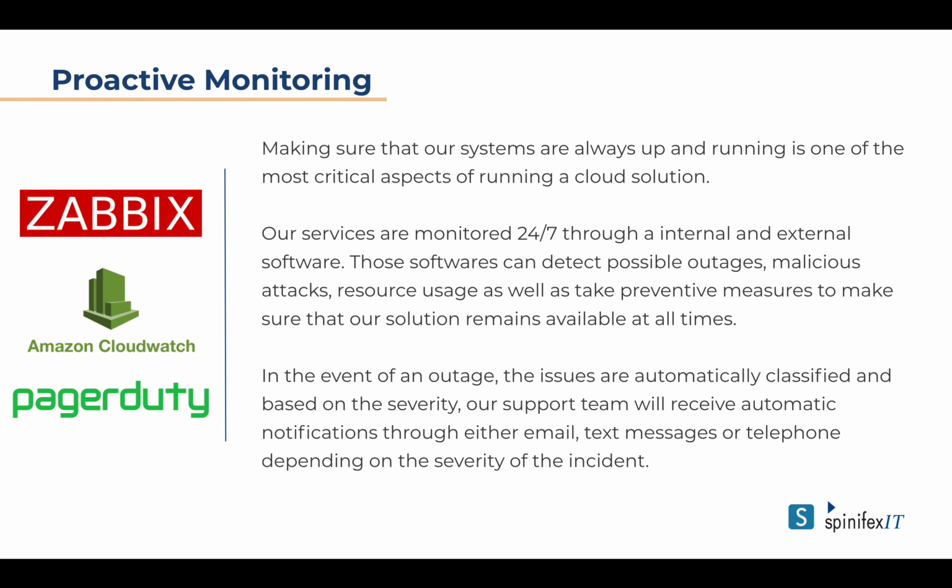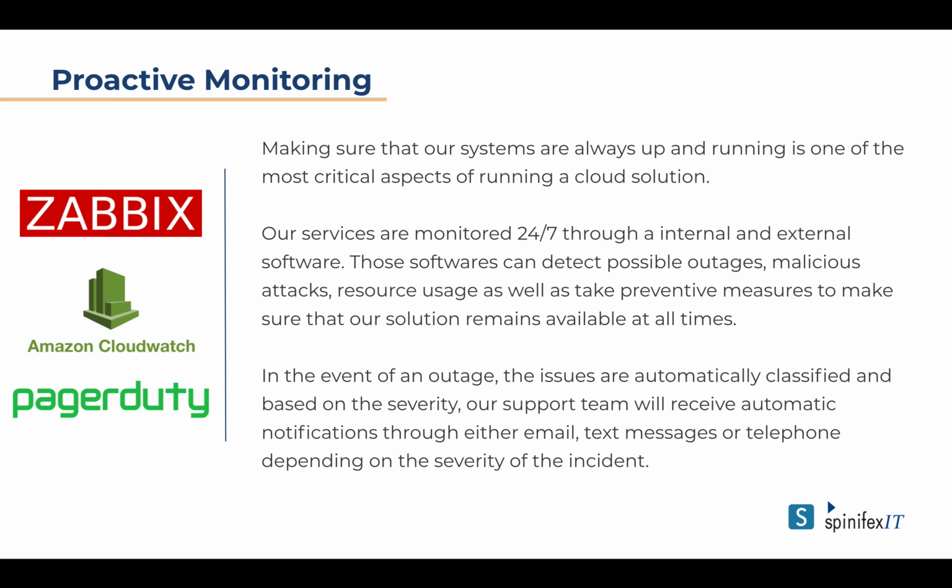So Zabbix keeps on trying to detect issues on our servers, and together with Amazon CloudWatch, we have two kinds of systems for that. Whenever there is an outage or the server starts to act slowly, we have an escalation process done through PagerDuty.